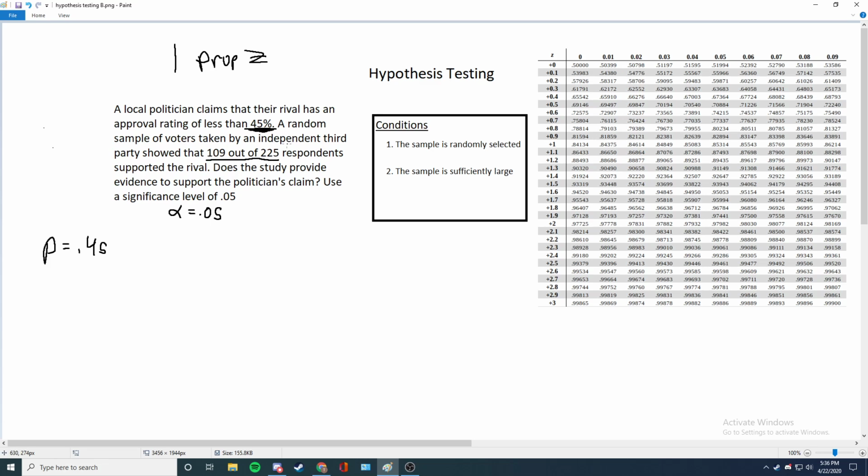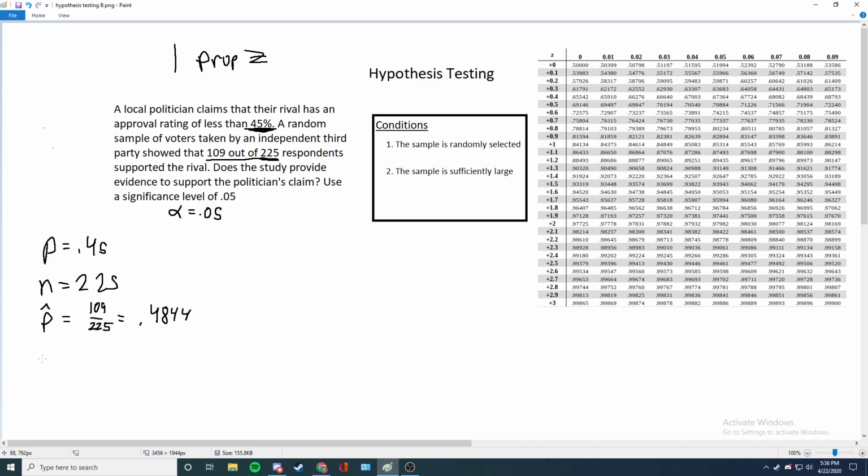Now, it says that a random sample of voters, 109 out of 225. So 225 in this case is our n, because that's the sample size. And our p hat will come from 109 divided by 225, which is 0.4844.